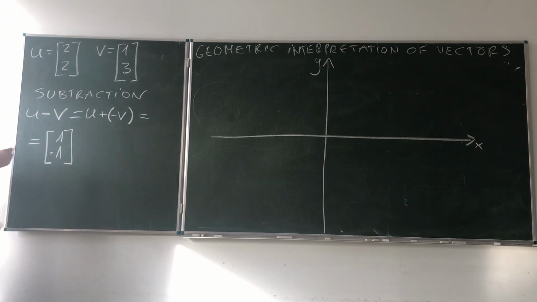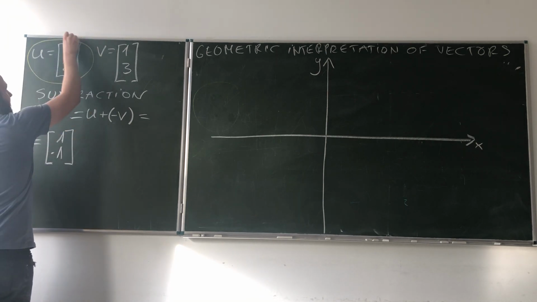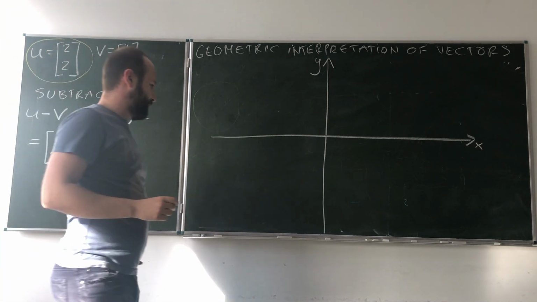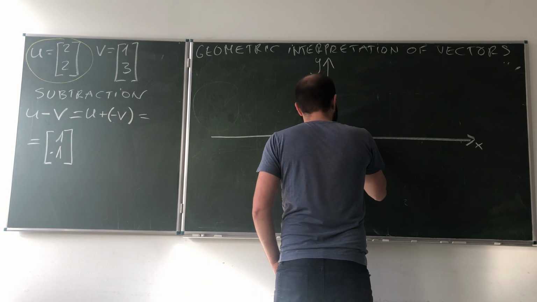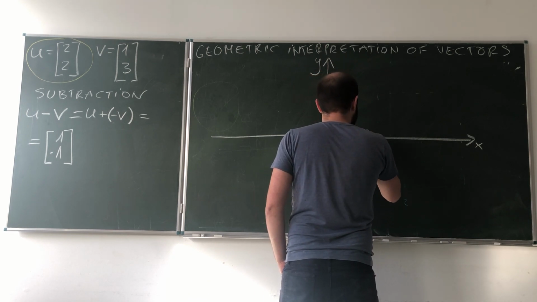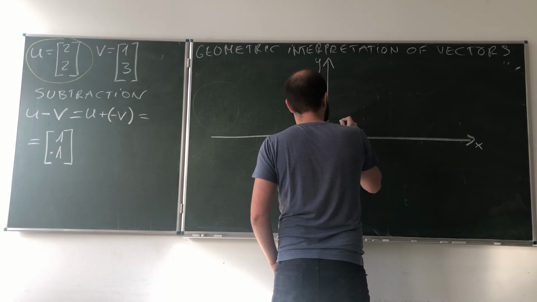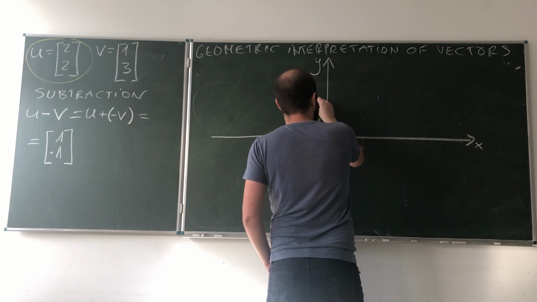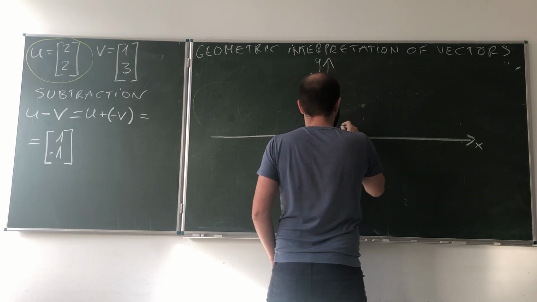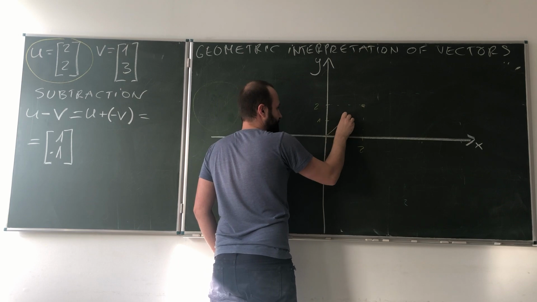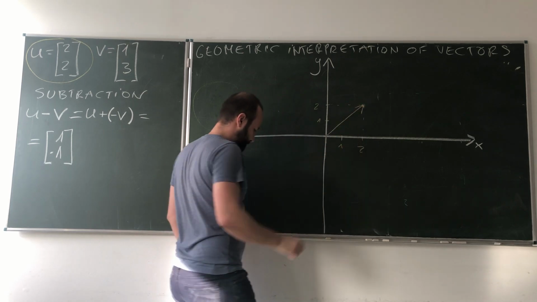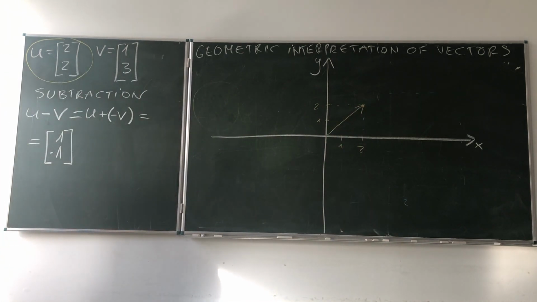Okay, so again, let's use colors for everything. So first we draw vector u. And then vector v.